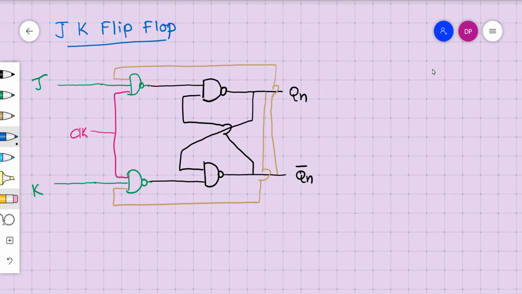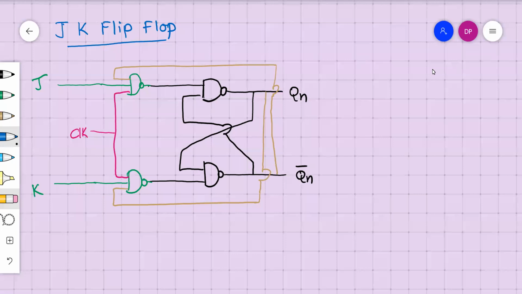We got the D flip flop, which solved our purpose of only storing the data. Now let's learn the JK flip flop and how we can use the one-one input combination of the SR, which was unused or invalid.